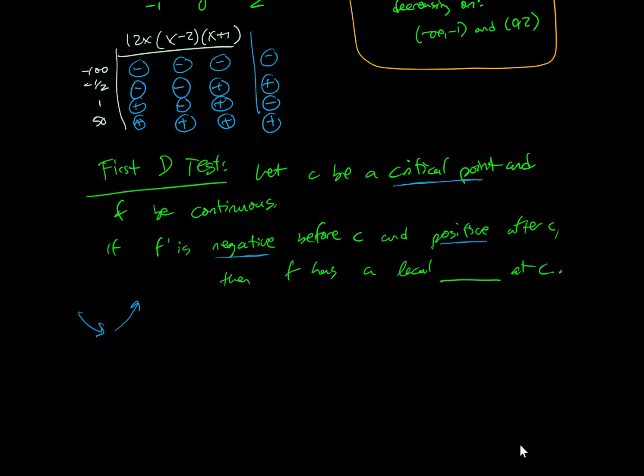And c is a critical point, so at c we have a horizontal tangent line. So if my derivative is going from negative to positive, the original function is going down and then up. This has to be a local, what? A local min. If I am switching from negative to positive, I have a local min. Does that make sense?